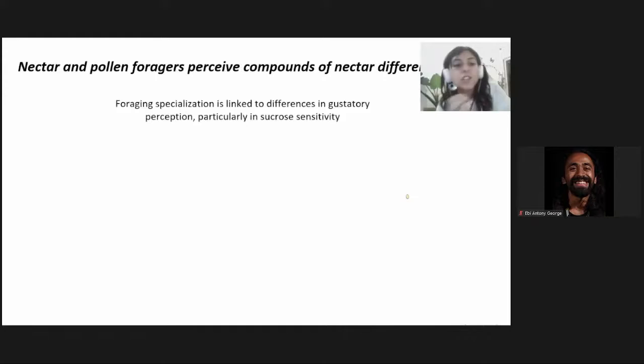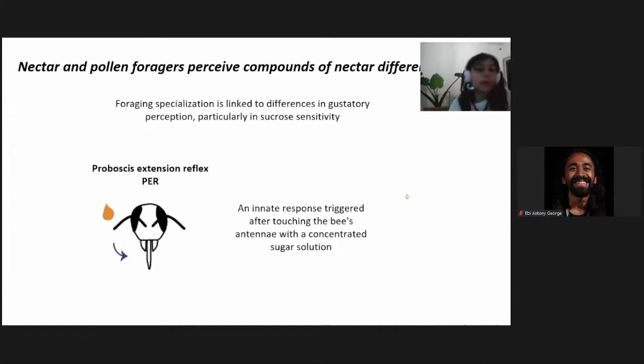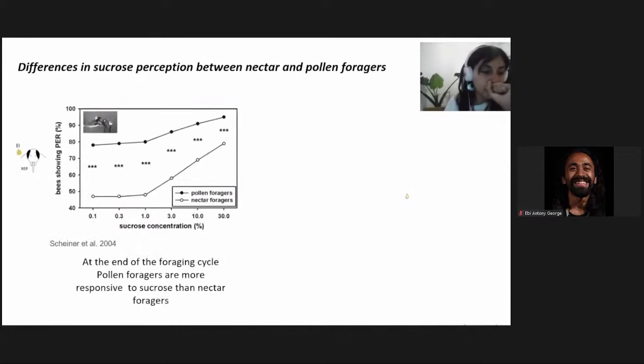Foraging specialization is linked to differences in gustatory perception, particularly in sucrose sensitivity. Previous studies have evaluated sucrose sensitivity of foraging bees by means of the proboscis extension reflex, which is an innate response triggered after touching the bee's antenna with a concentrated sugar solution.